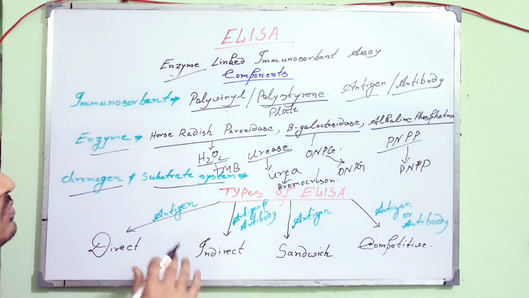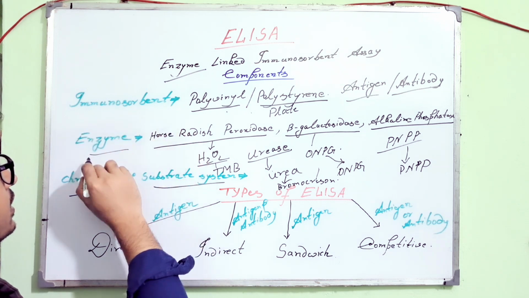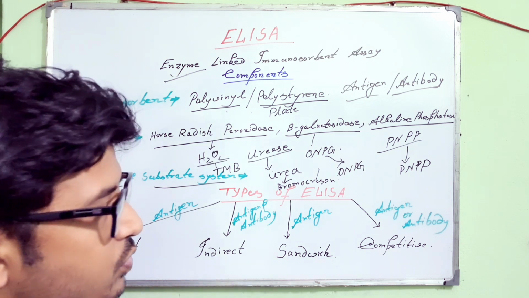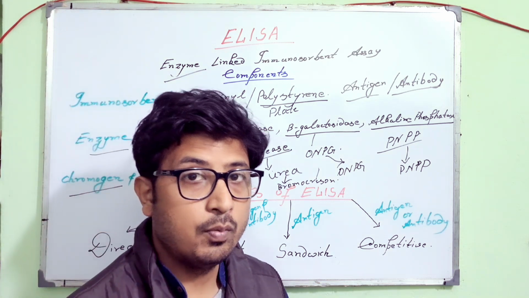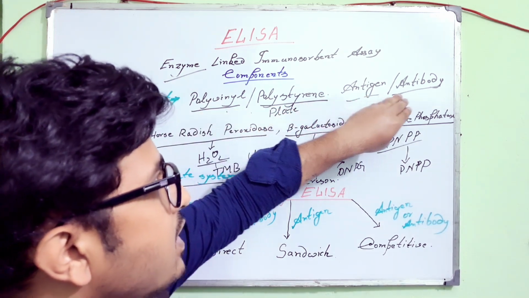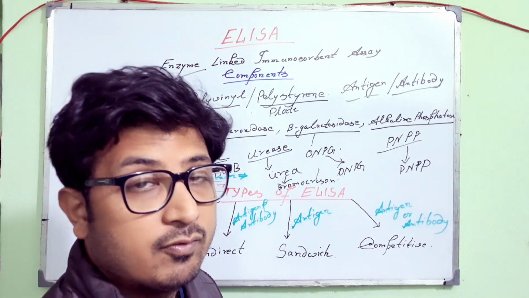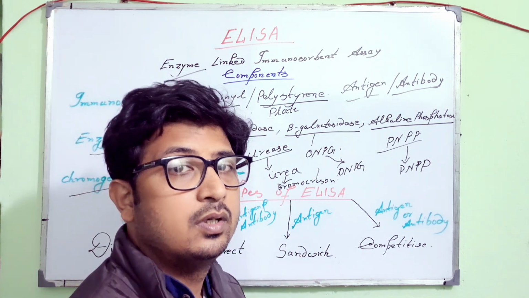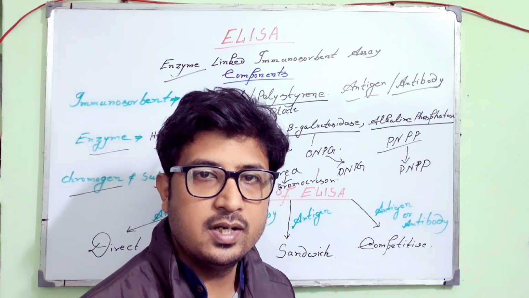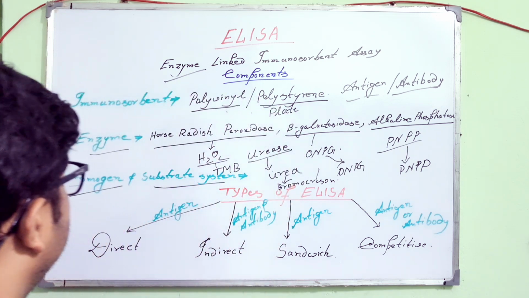So as you have understood, ELISA consists of three systems: the immunosorbent, the enzymes, and the chromogen substrate system. This is the total procedure or the total components. Immunosorbent signifies antigen or antibody, and enzymes convert the substrate to give the actual color formation, to determine whether the person is positive or negative for the antigen or antibody.